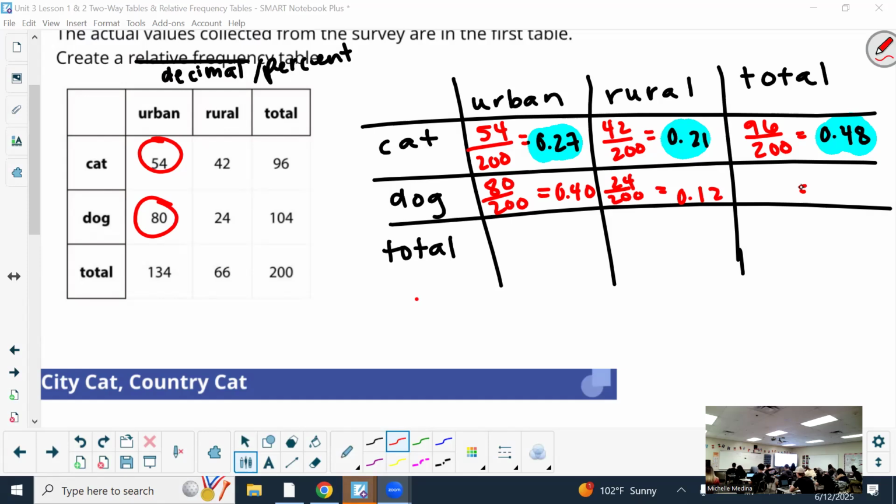Can you at least tell me what I would be dividing? So how many total people of those dogs?